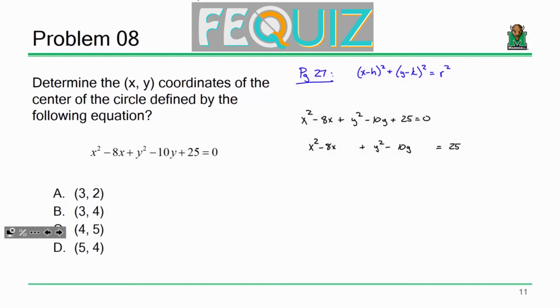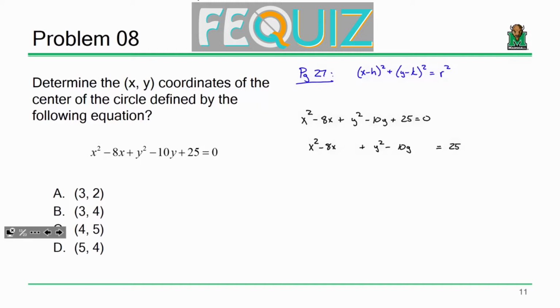Now, I added some space there for a very specific reason. We're completing the square. What's that? You hate that? It's simple. All right, here's completing the square. I want to be able to factor these x terms into x minus h squared. Okay?